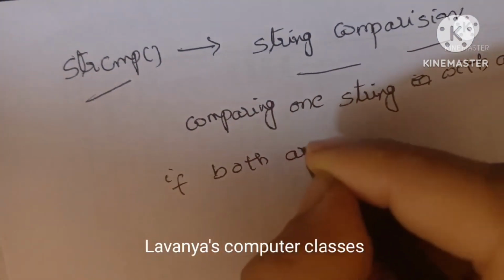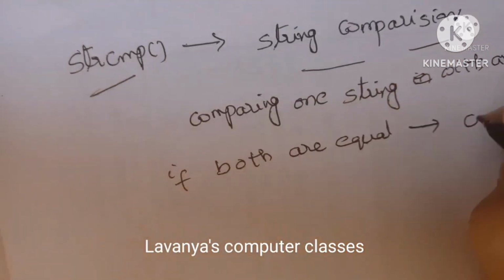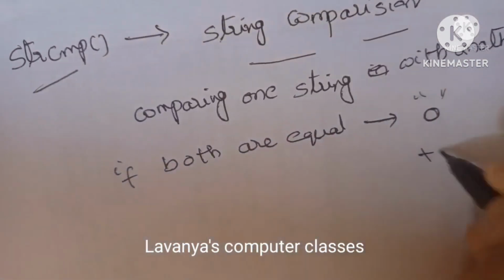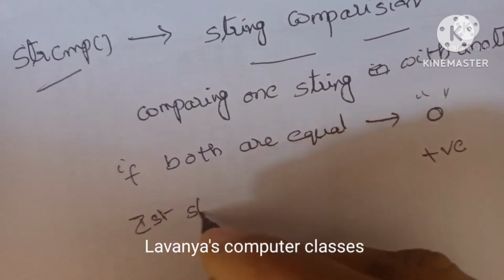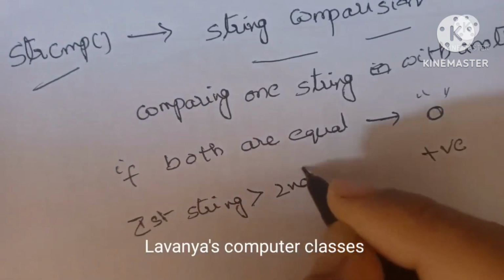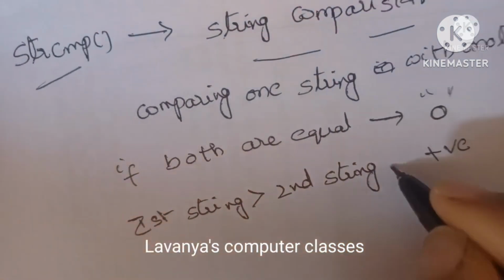Syntax is: if both strings are equal after comparing, then it gives the answer 0. So whenever it gives 0, we can understand both strings are equal. Otherwise it gives a positive or negative number. When it gives a positive number, the first string is more than the second string.